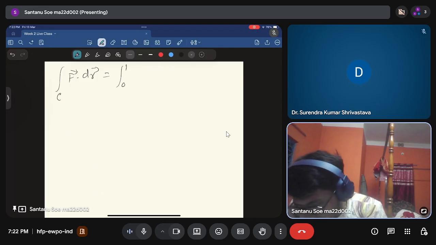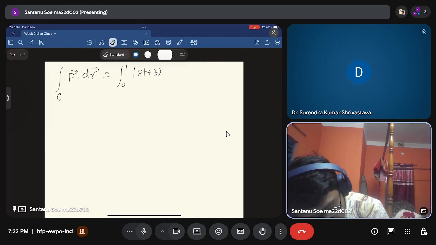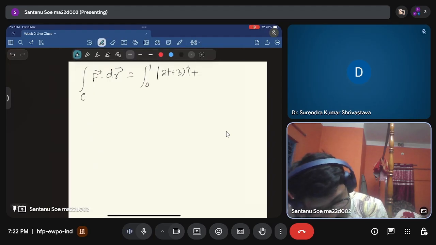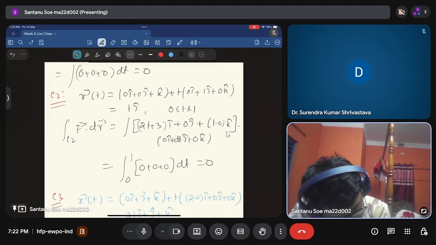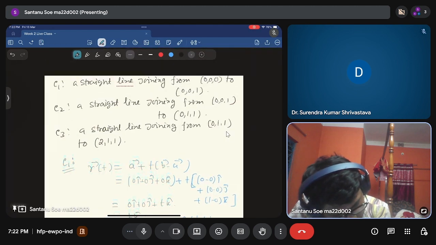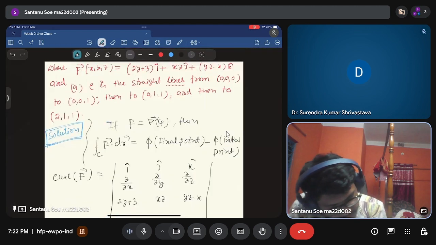So this is x is 2t, y is t, and z is t. So this will be (2t plus 3) i cap plus, this will be xz and yz minus x.